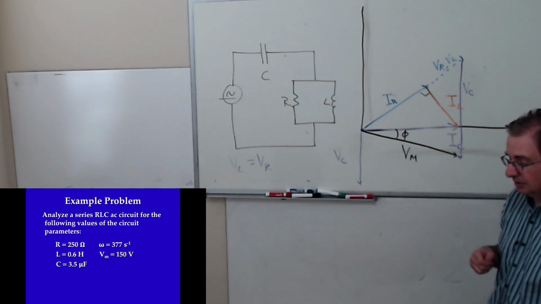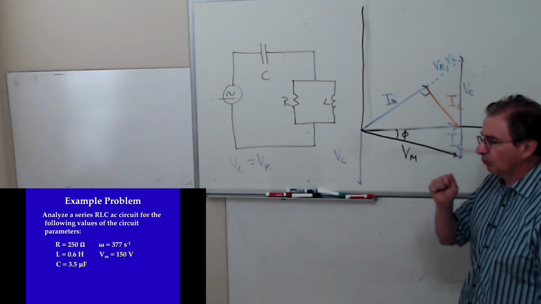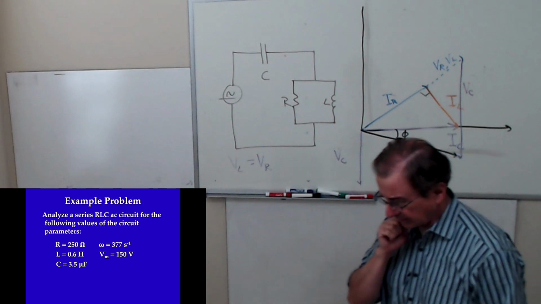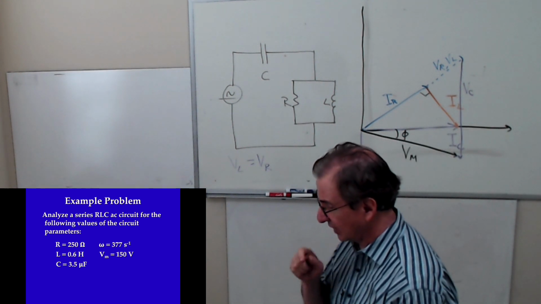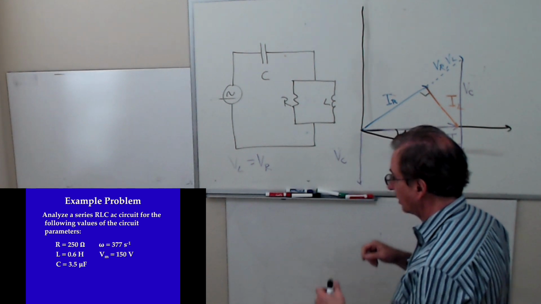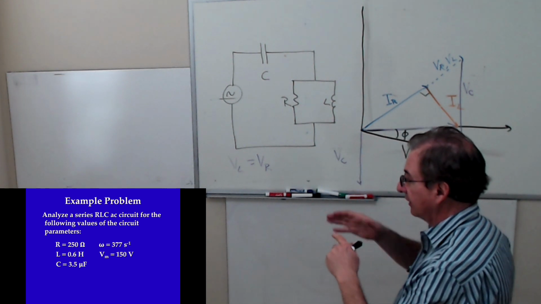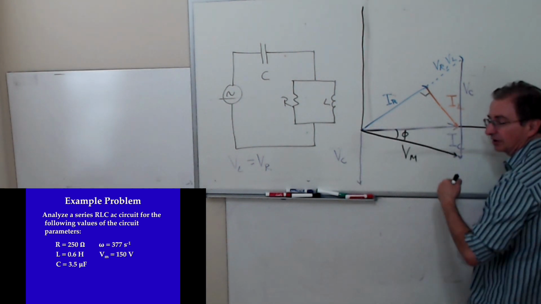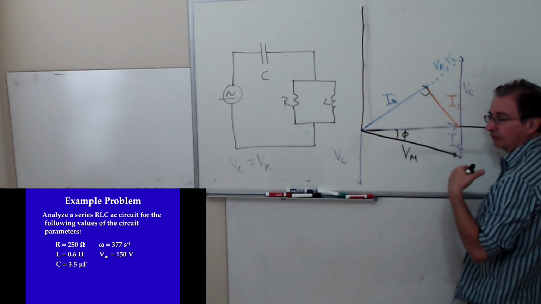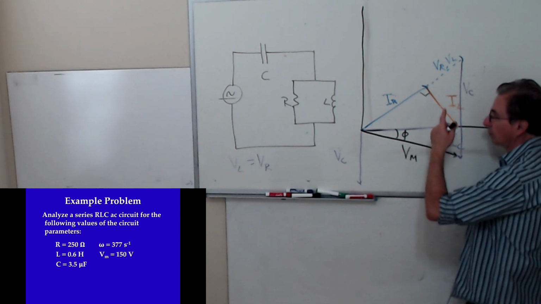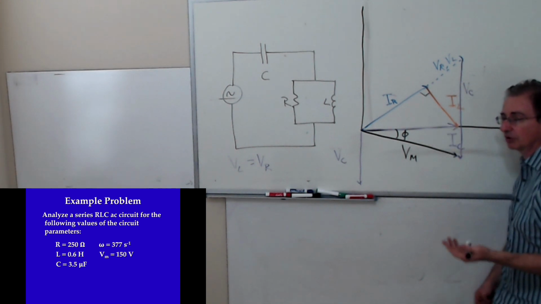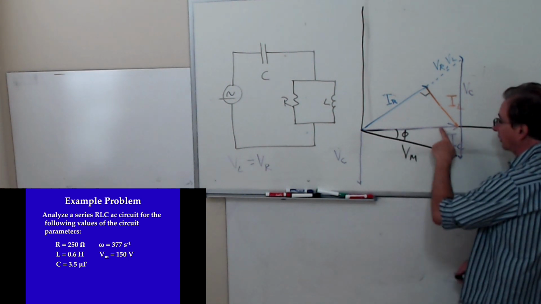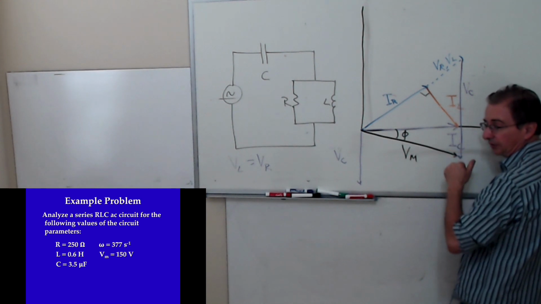Does that make sense? Because remember the drawing I showed you way back at the beginning of the lecture today, I said that in the LRC circuit, the X component, the one that's parallel to the current, represents the voltage due to the resistance, and then the one perpendicular to it represents the voltage due to the reactance. And so that's the case here, as long as I define everything relative to the axis defined by the current, the total current.